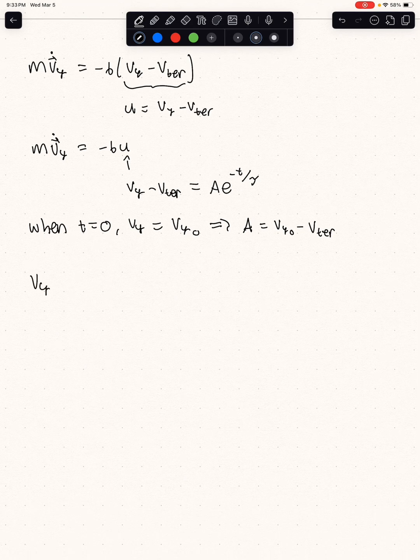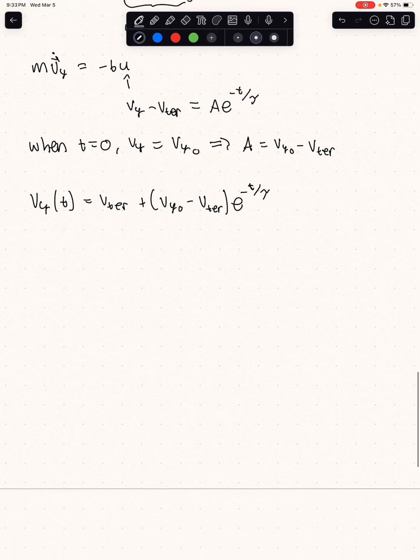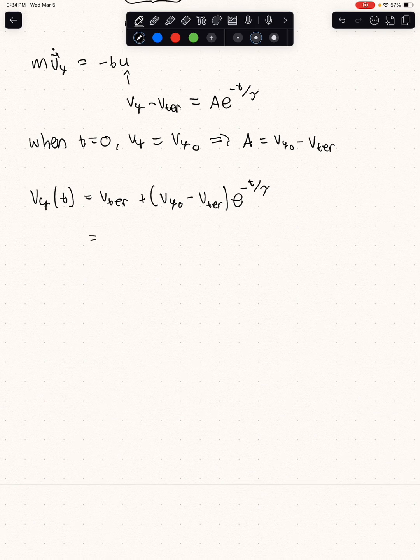So vy as a function of time is going to be v terminal plus vy naught minus v terminal with the e to the negative t over tau factored outside. And we can rewrite this as vy naught e to the negative t over tau plus v terminal times 1 minus e to the negative t over tau.